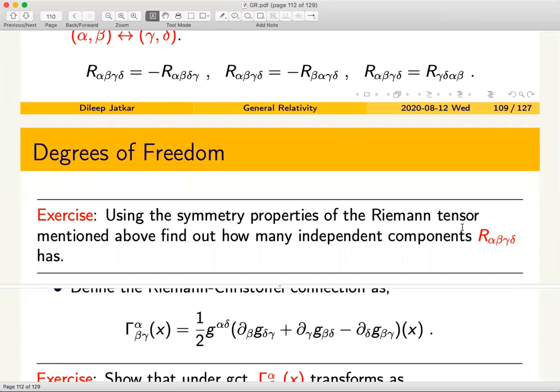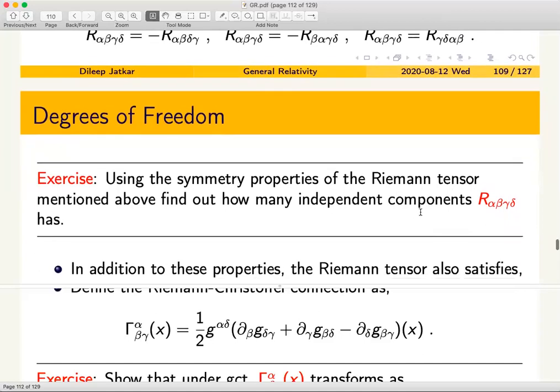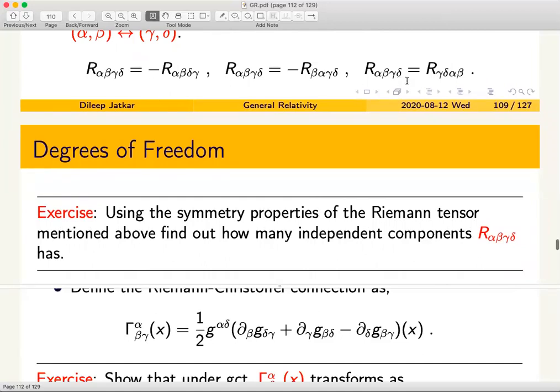Okay, so this is a small exercise. You have to find out the total number of independent components this object would have. Now, these symmetries still do not restrict the total number of components of the Riemann tensor fully, but nevertheless you do this exercise just to find out how much these three properties would restrict independent components. Okay, what is the number?